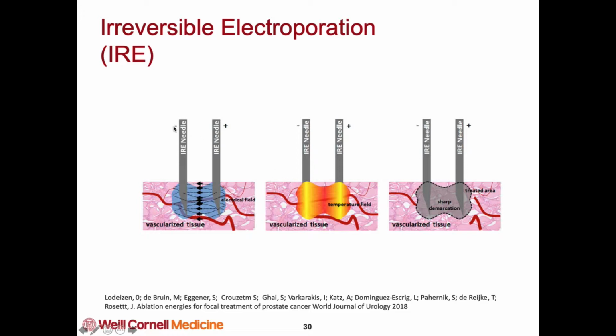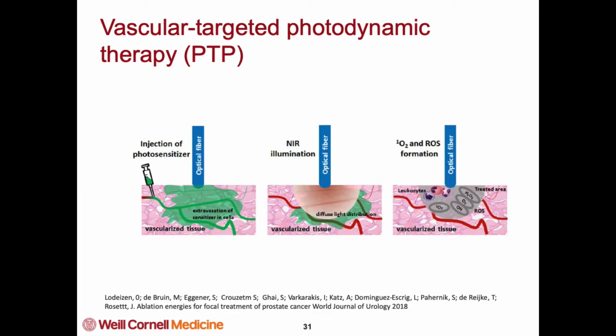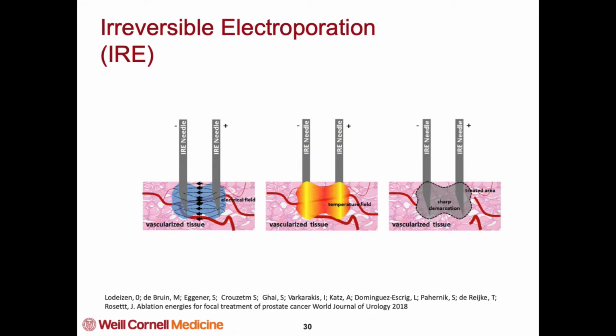The disadvantage is you have to be under general anesthesia for this, and placing the needles can be a little bit tricky because they have to be exactly parallel to get the good voltage across the two. But this has reportedly had better outcomes with regards to sexual function.